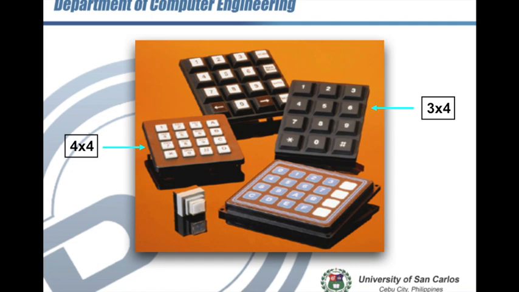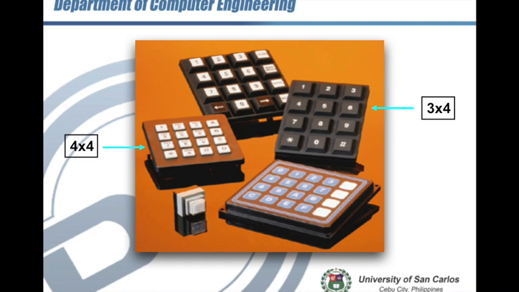So telephones have this layout, the dialer pad on the telephones, and the variations of the other keypads, basically the layout is the same, but the keys just printed on the buttons may also vary.